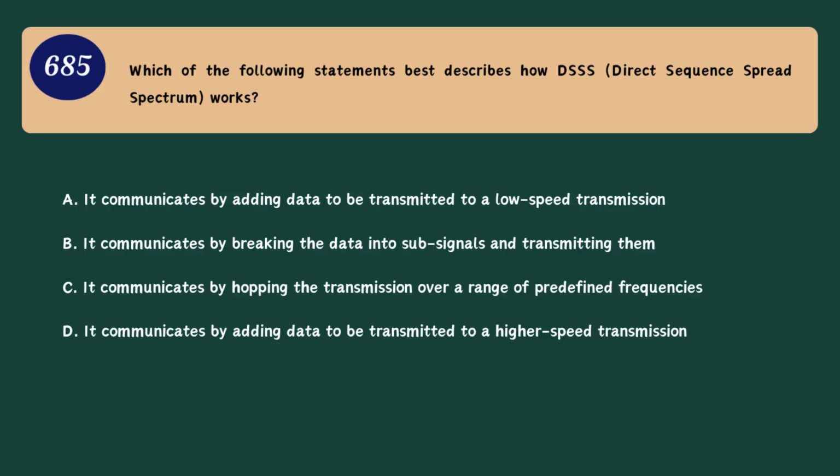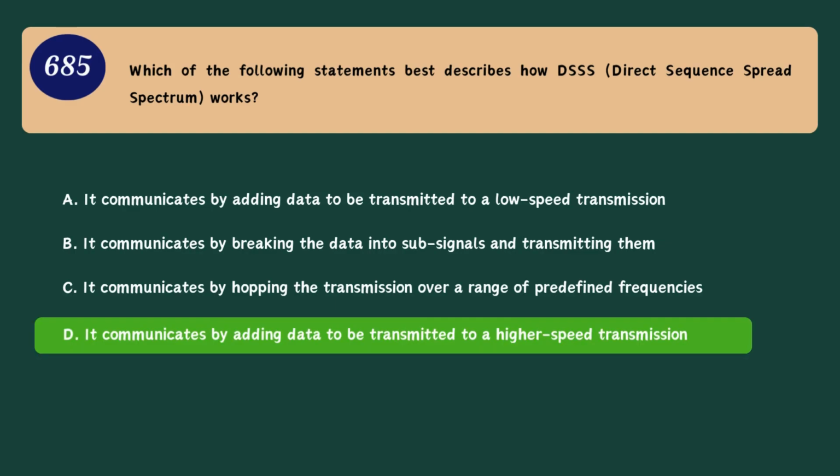C. It communicates by hopping the transmission over a range of predefined frequencies. D. It communicates by adding data to be transmitted to a higher speed transmission. Correct answer. D. It communicates by adding data to be transmitted to a higher speed transmission.